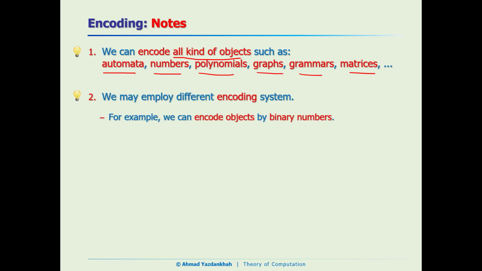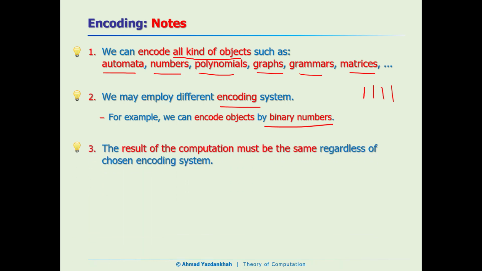We may employ different encodings. This encoding can be a standard encoding, it can be non-standard. The way that we did is just non-standard encoding, of course. And also, you can use any kind of numbers. For example, we use unary numbers. You can use binary numbers. All right. But the point is that the result of the computation must be the same regardless of what encoding you pick.